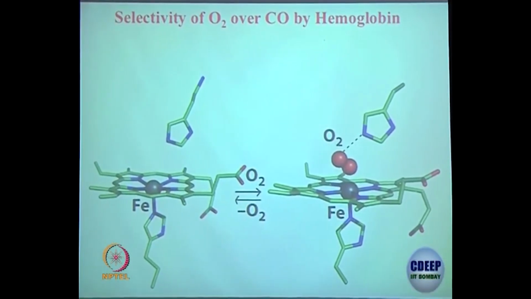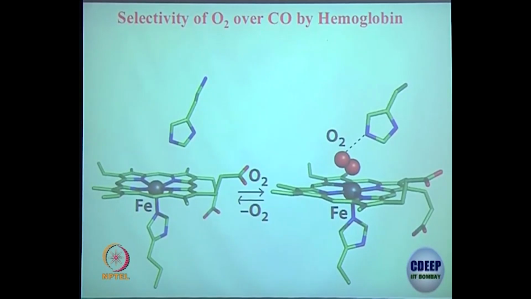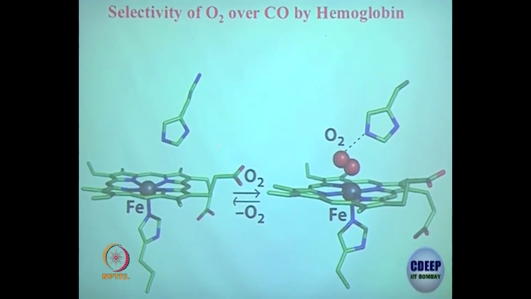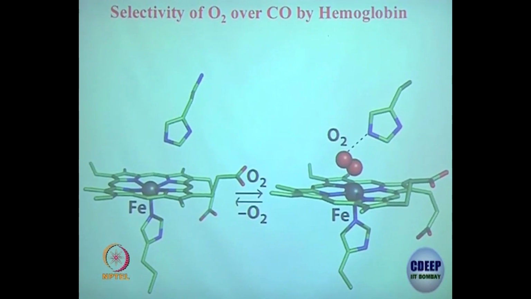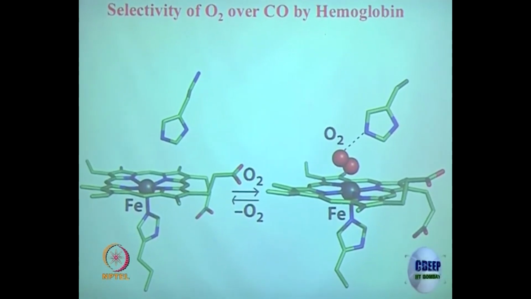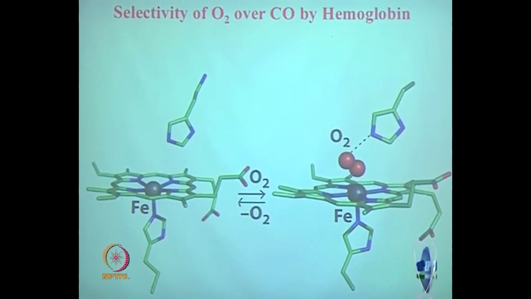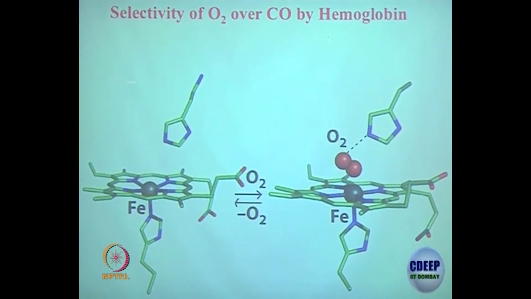That's the deoxyhemoglobin, no oxygen is there. This is the other histidine that I am talking over here, which is far. This is the reduced form. Oxygen binds with it, and what happens? This is the oxy form, oxyhemoglobin, and there is a hydrogen bonding.